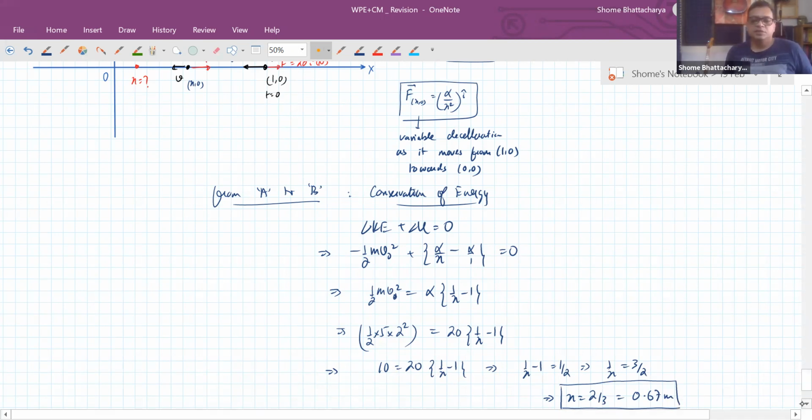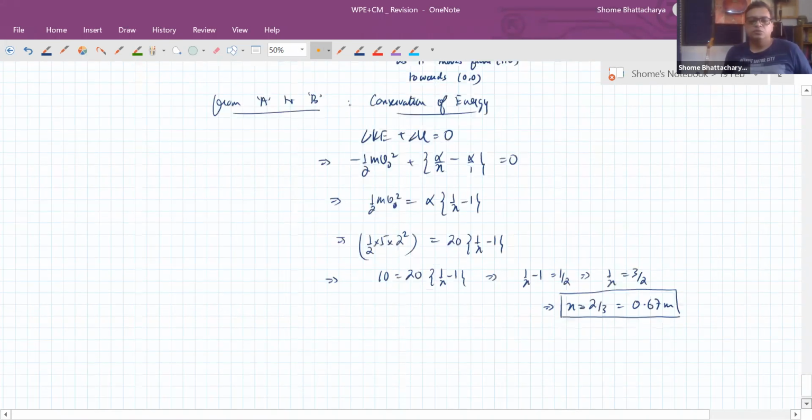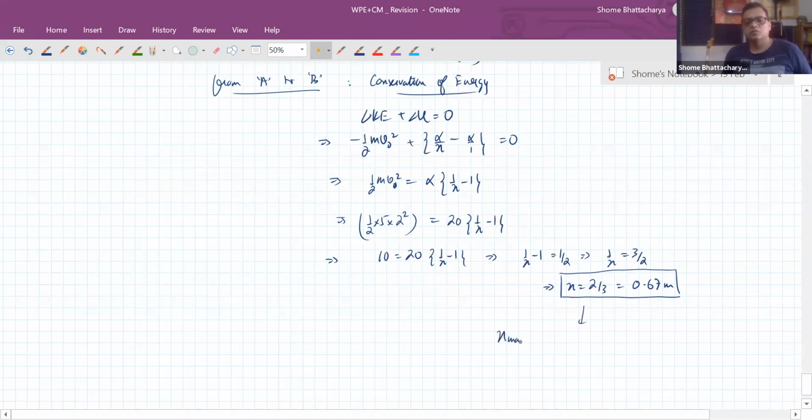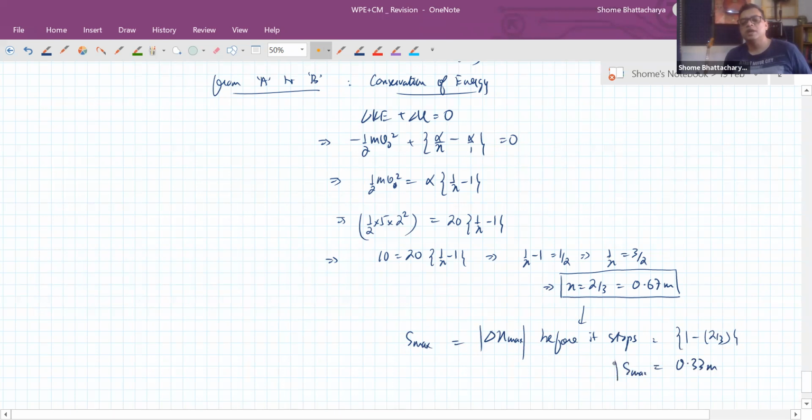So the maximum displacement in the direction in which the particle was moving, maximum displacement before it stops, that will be equal to 1 minus 2 by 3. This will be the maximum displacement before the particle momentarily stops.